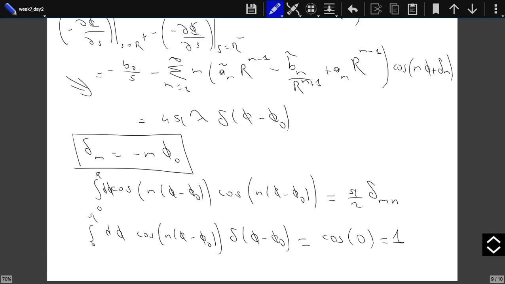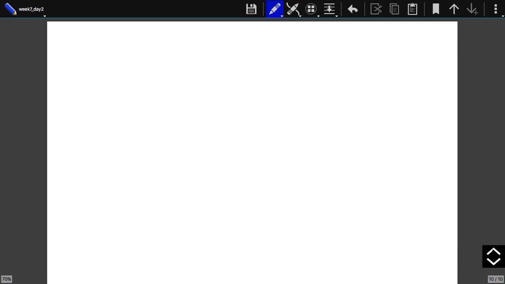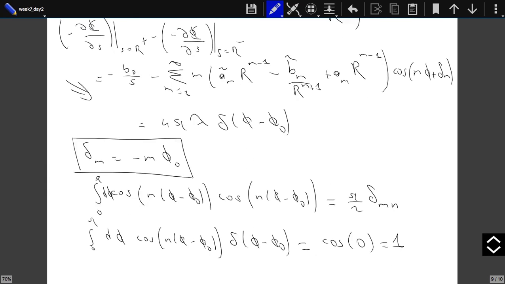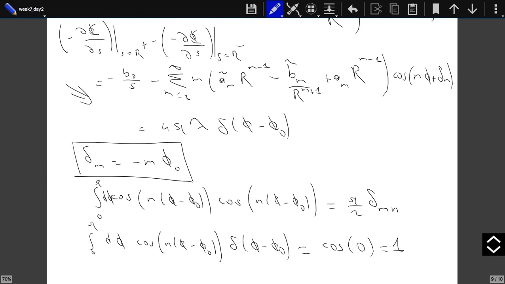You will end up having, is this true? Is it from 0 to pi or 0 to 2 pi? These are even functions, so that should be enough, 0 to pi. So what that gives us is, well, let's say minus b0.